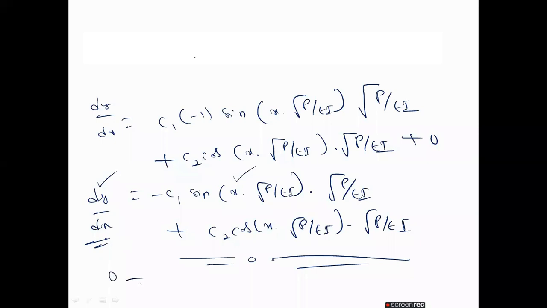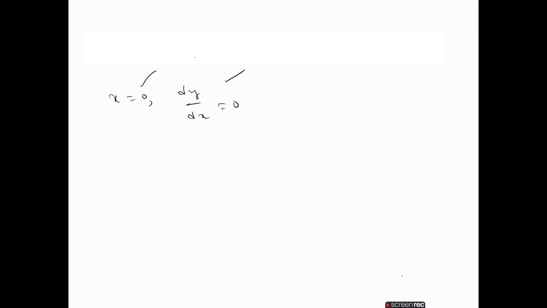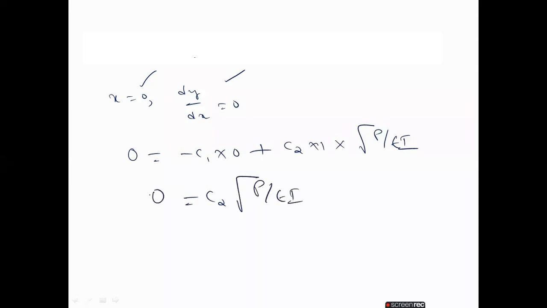What happens? 0 equal to minus C1 into sin 0, which is nothing, when x equal to 0, sin 0 is 0, plus C2 into cos 0, which is 1. So 0 equal to minus C1 times 0 plus C2 into 1 into square root of P by EI. So it should be C2 into square root of P by EI.